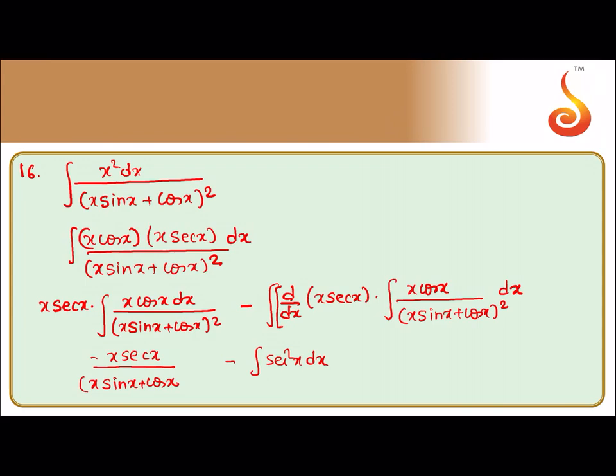If you simplify it, directly you get integral of secant square x dx. So the final answer will give you minus x secant x by x sin x plus cos x, plus tan x plus c.